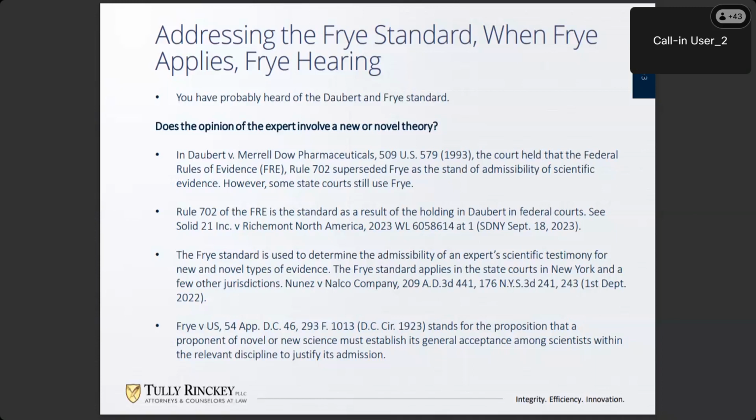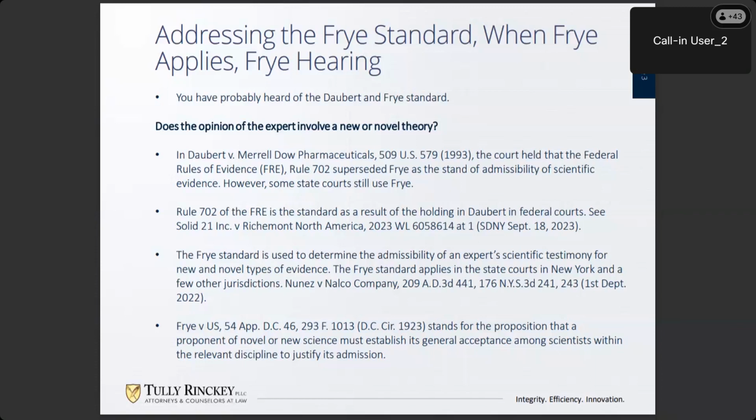In Daubert versus Merrell Dow Pharmaceuticals, the Supreme Court held that Federal Rule of Evidence 702 superseded Frye as the standard of admissibility of scientific evidence. However, some state courts, including New York state courts, still use Frye. So Rule 702 of the FRE is the standard in federal courts as a result of the holding in Daubert.